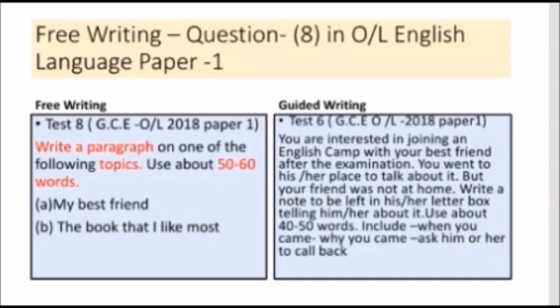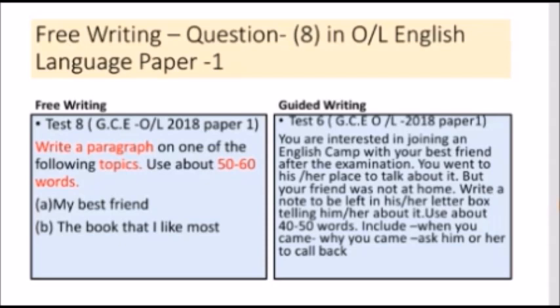Let us read the two questions given here. Number 1. Write a paragraph on one of the following topics. Use about 50 to 60 words. My best friend, or the book that I like most. Guided writing. You are interested in joining an English camp with your best friend after the examination.